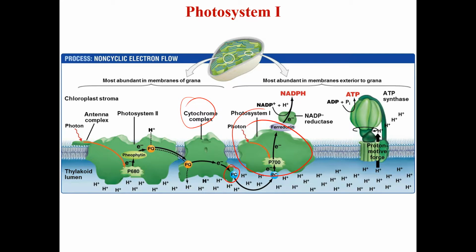Those electrons are excited in our reaction center. They get transferred to our carrier molecule ferredoxin. Ferredoxin transfers those electrons to our NADP plus reductase enzyme, and those electrons are transferred to NADP plus to form NADPH. So you build up a large quantity of NADPH and ATP out in the stroma.